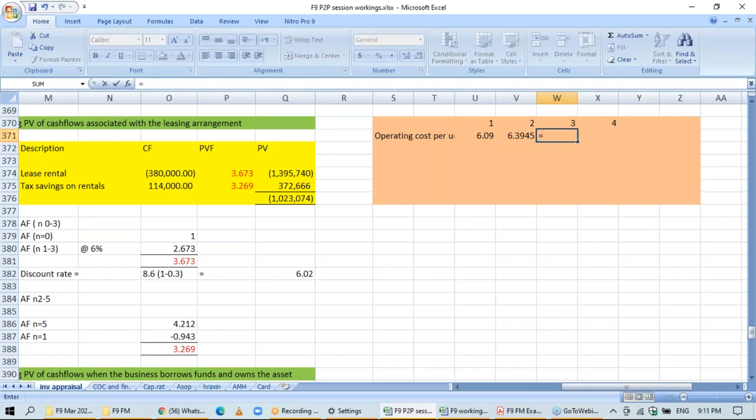So keep increasing it by 5% every year. Keep multiplying the previous cost by 1.05 in order to arrive at the inflated or the nominal value. So in two places, this will be the savings.